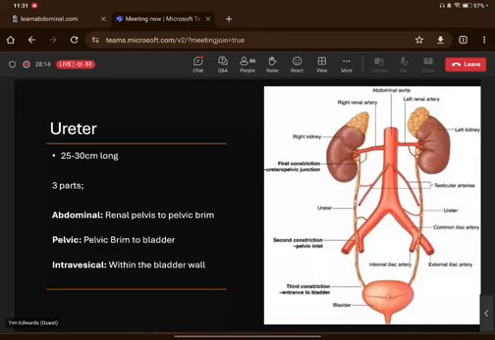Then at the pelvic inlet, there's a constriction caused when it courses over the iliac vessels. And then as the ureter enters the bladder posteriorly at the vesico-ureteric junction. So that's the ureter's bilateral structures, three parts with three separate areas of natural constriction where you might see pathology.